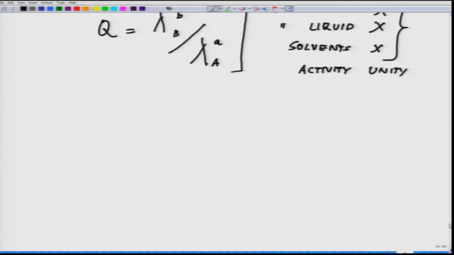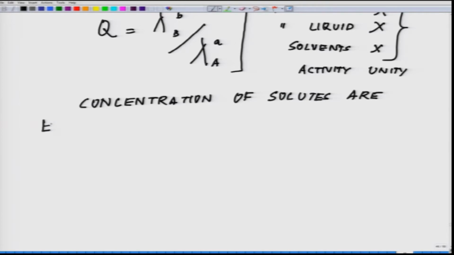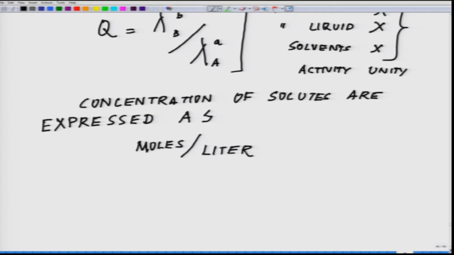Concentrations of solutes are expressed, this is the important part, as moles per liter, this is one part, okay, and concentration of gases are expressed as pressure in bars.